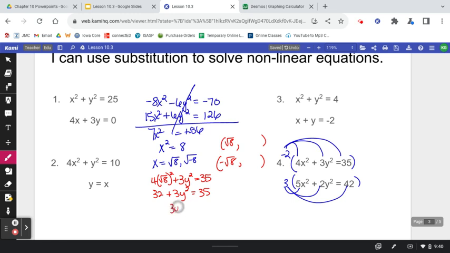Subtract the 32, which gives me 3. Divide by 3, which gives me 1. And I've now gotten 2 y's, 1 and negative 1. And that was when I just put in the square root of 8. So that tells me when I put in the square root of 8, there's 2 answers. And when I put in the negative square root of 8, I'm also going to get 2 answers.